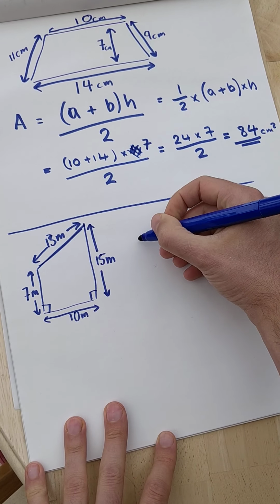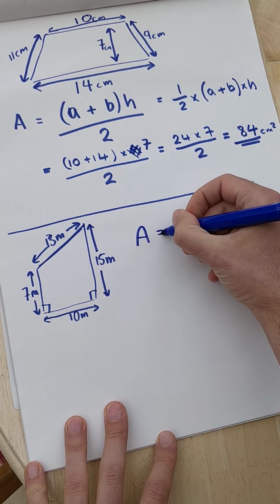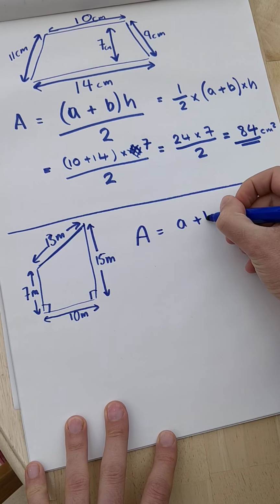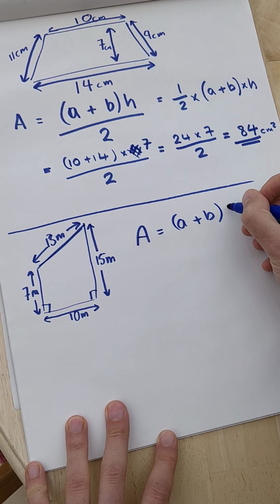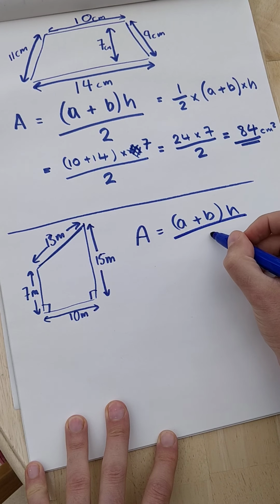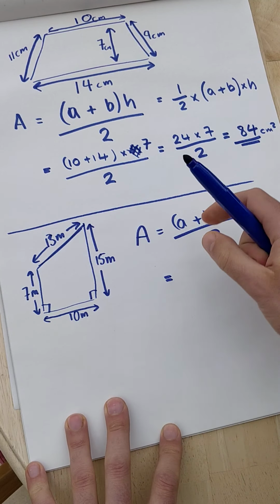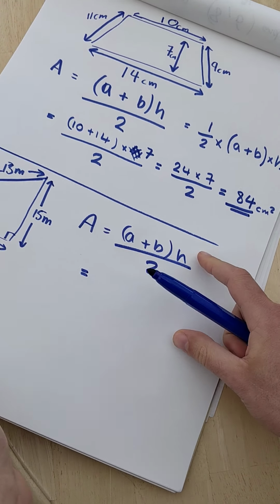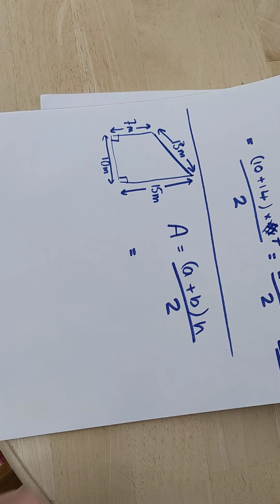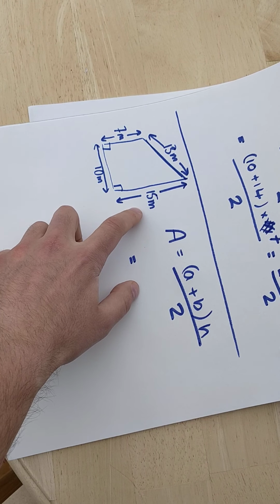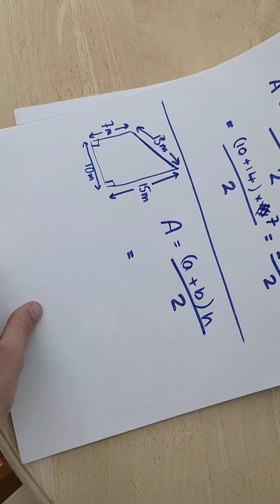So, same again, write out the formula. In this case, if I'm considering it spun round, A and B are going to be 7 and 15. My height is going to be 10.